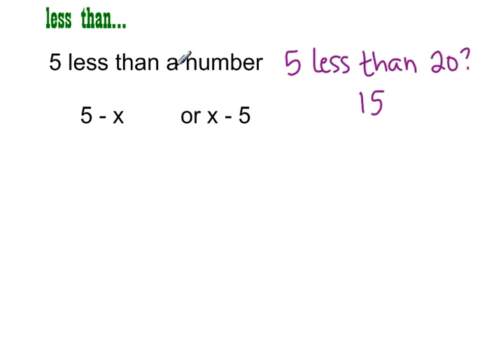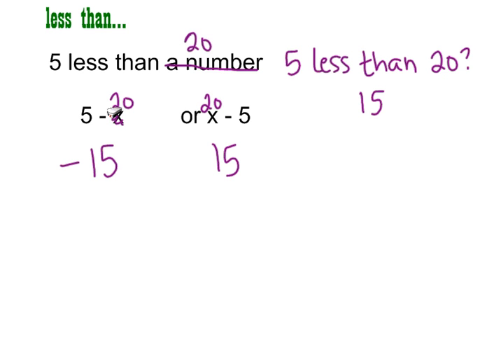If I changed a number to 20 and then plugged in 20 right here and right here, which expression would give me the correct answer, which we know is 15? 5 take away 20 is actually negative 15, whereas 20 take away 5, yeah, that's 15.